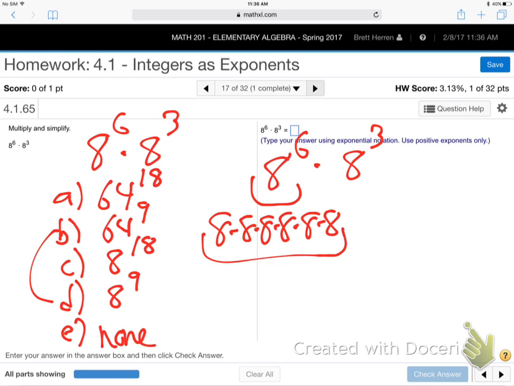So it is the base. And what does 8 to the 3rd mean? 8 times 8 times 8. 3 eighths, right? We all know that. I didn't just show you anything you didn't already know. So how many eighths do we have there? 9. We got 6 of them and 3 of them, and they're all multiplied together.